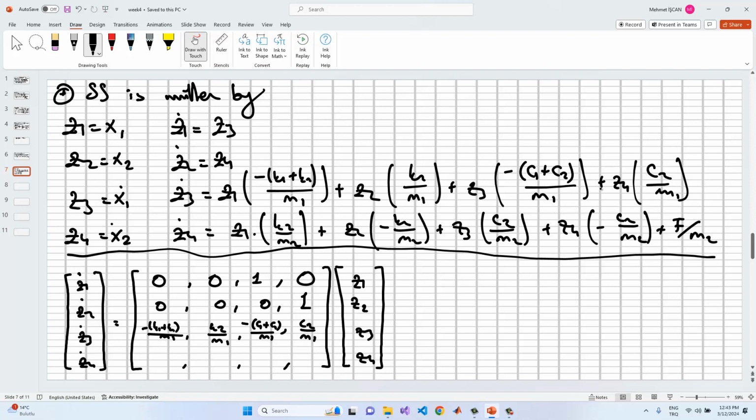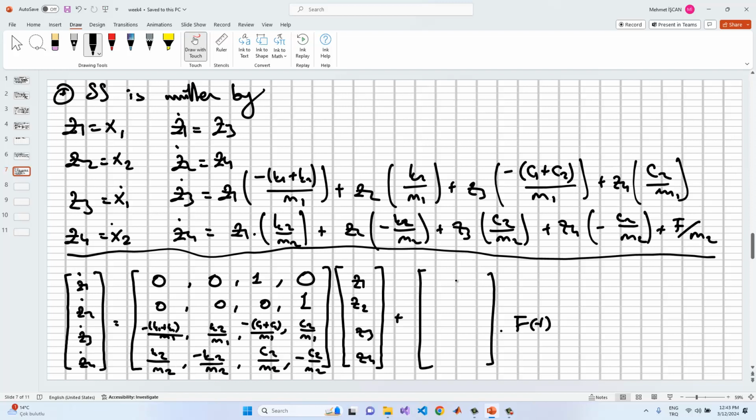I'm writing these equation coefficients row by row. This is the easiest way to build a state space. And so k2 divided by m2, and minus k2 divided by m2, and c2 divided by m2, and minus c2 divided by m2, plus we also have the f term in here.